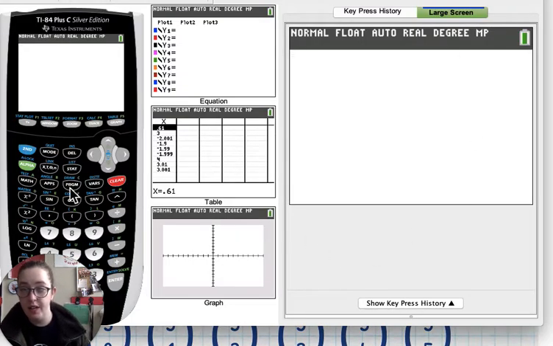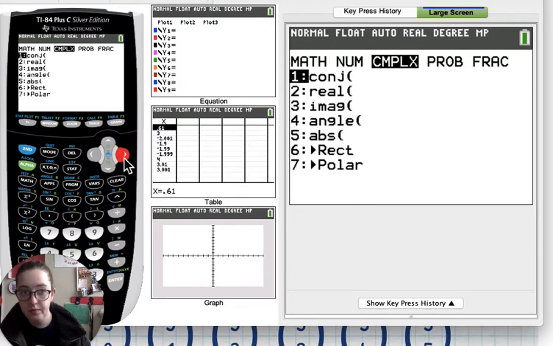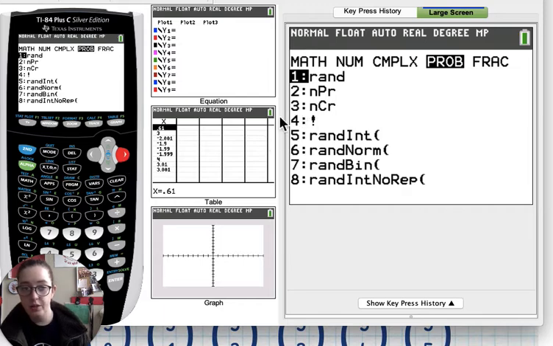So, in our calculator, we're going to click on Math, go over to Prob, and then we'll choose 3 for nCr.